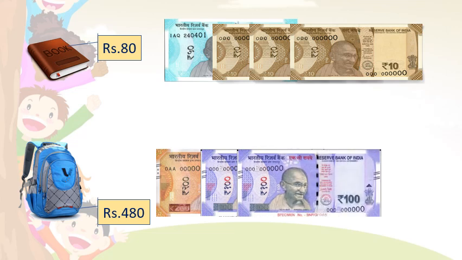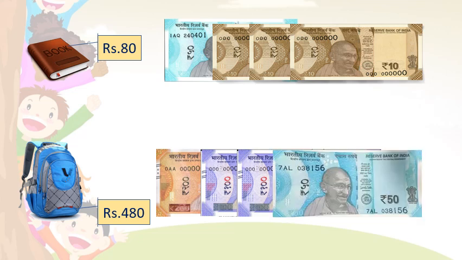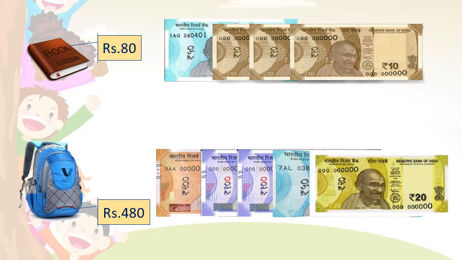One more 100 note means this became 400. Correct? 50 note means it became 450. 20 rupees means that is total is 470 plus 10 means that is 480. Right?